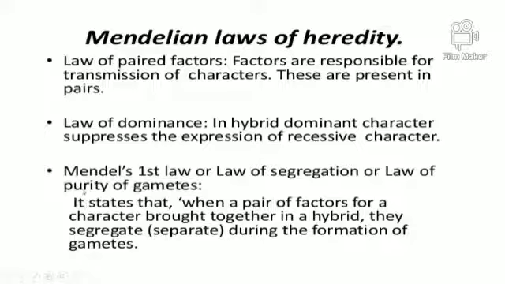There we get a pure gamete because we are breaking down the pair, the factors which are present together. We separate them so that we get one single gamete consisting of only a single factor. So here it is the pure form of the gamete. So it is called the law of purity.